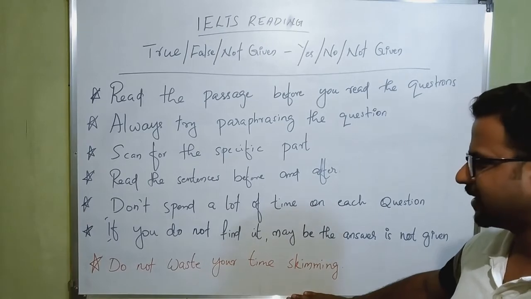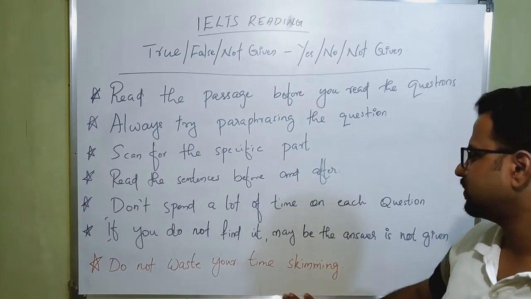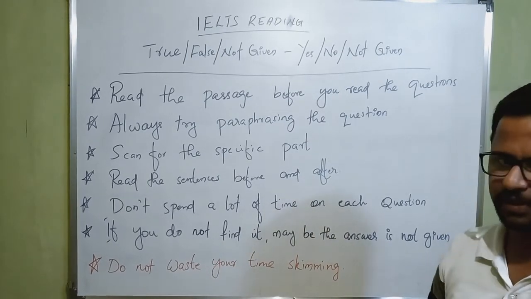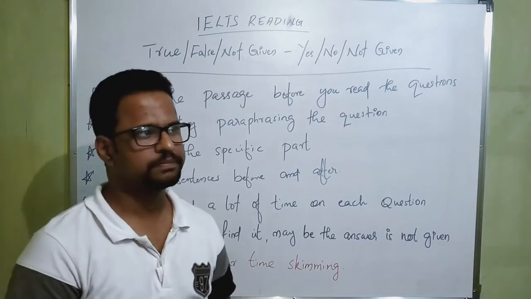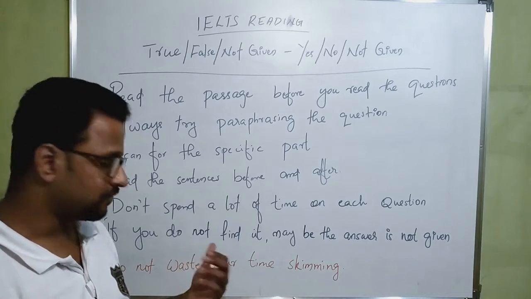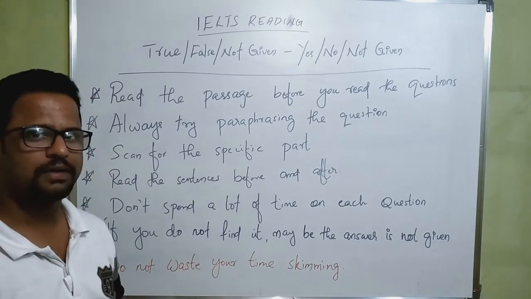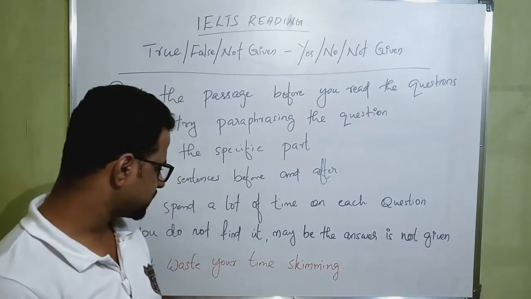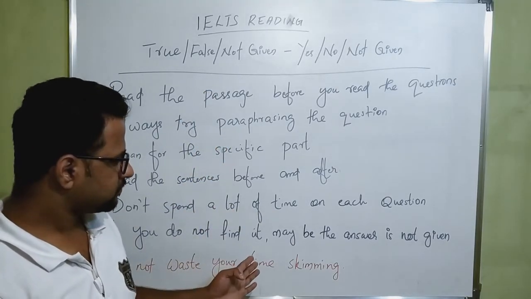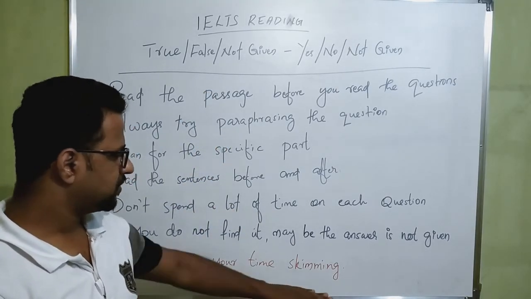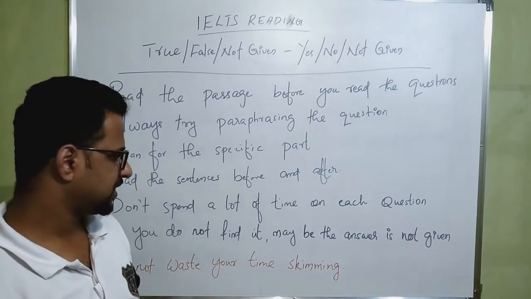This is what many of the candidates again do. Do not waste your time skimming. It won't be helpful. Let me tell you, skimming can't help you in finding out the answers for true or false, right? So remember, you are not going to skim for that.